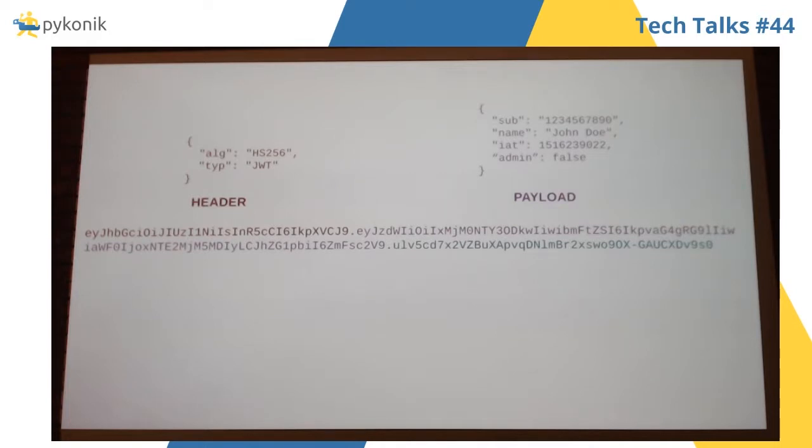As you can see, this is just some random data. And the signature is, well, the signature, cryptographically computed based on the algorithm you specified, etc. You can just verify if the header and payload come from the trusted party.